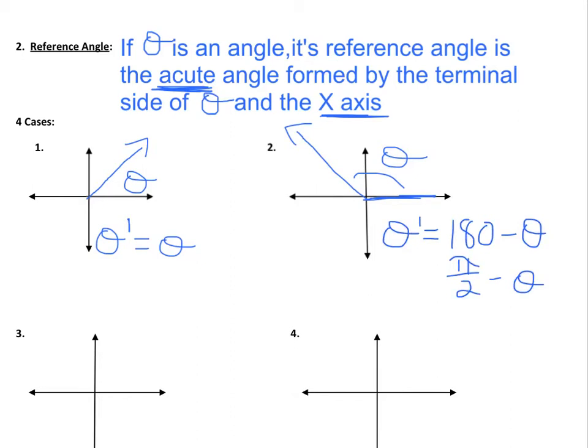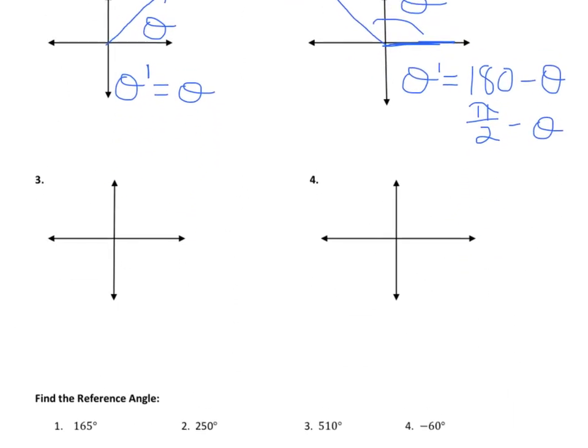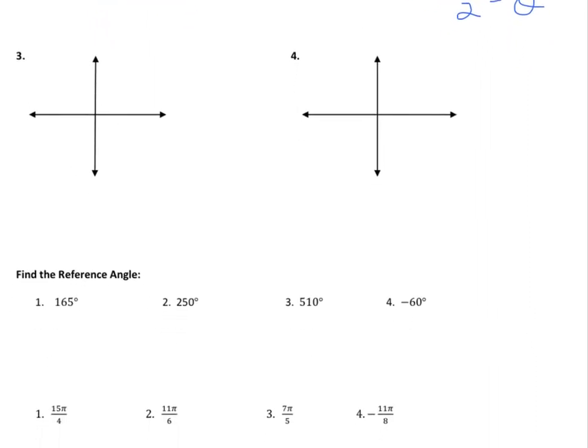Okay, let's move to the third quadrant. If I draw this, there's the third quadrant. This is the initial side. If I measure this, that's theta. And its reference angle is always just a little piece. It's the terminal side to the x-axis, and it's going to be here. It's not this measure because that's not acute. It's just that little piece right there.